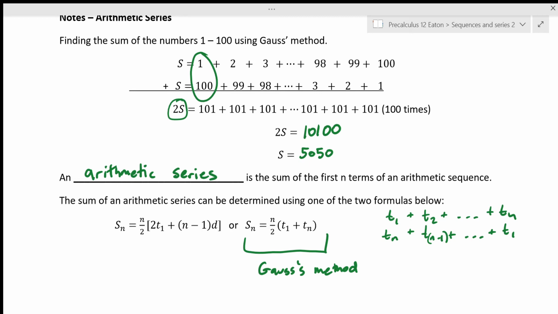So what happens is we are going to take the total number of terms in the sequence, divide it by 2, and use that times the first term plus the last term, which is essentially exactly what we did for Gauss's method. We did 1 plus 100, and then we multiplied it times 100 and then divided by 2, which is where we get our n over 2.